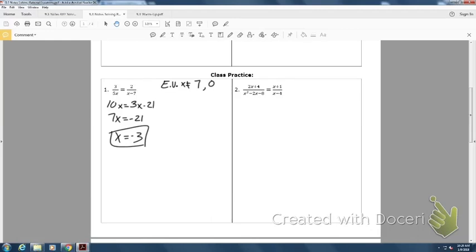Alright? So next, let's look at number 2. Can I factor the numerator of the first fraction? What can I do to it? Greatest common factor.